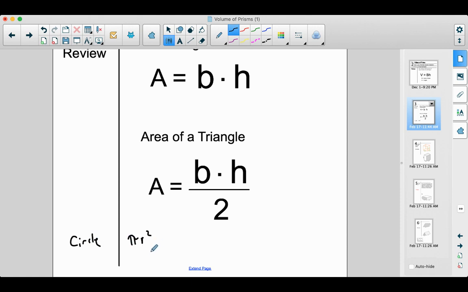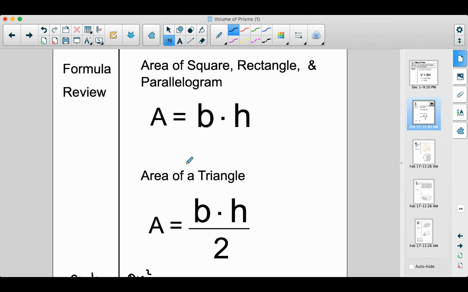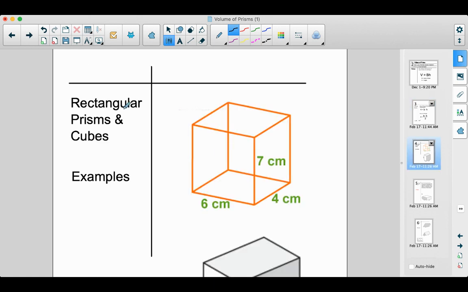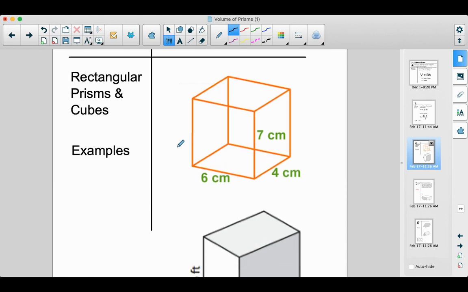Now these are all the types of prisms and cylinders we're going to look at. Technically, you could do others. You could have a trapezoidal prism where the bottom is a trapezoid. You just find the area of that trapezoid and multiply by the height. So as long as you can find the area of the base, you can find the volume of the prism. We're not going to worry too much about those ones.